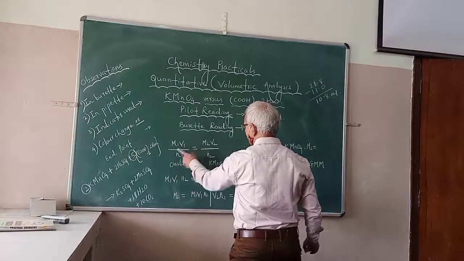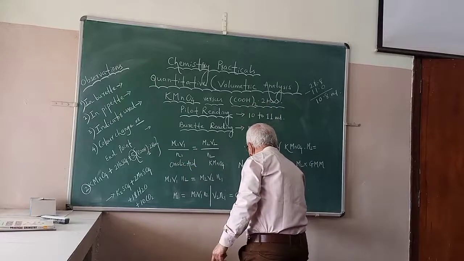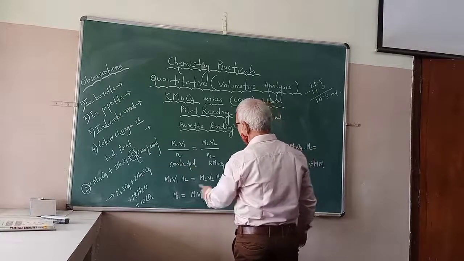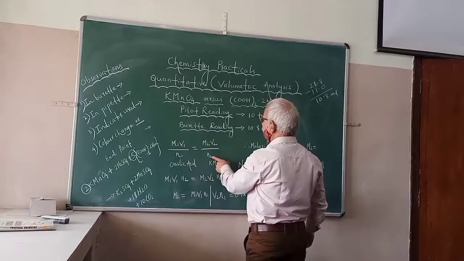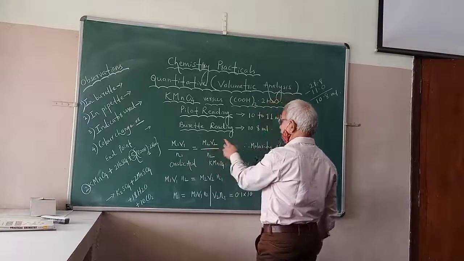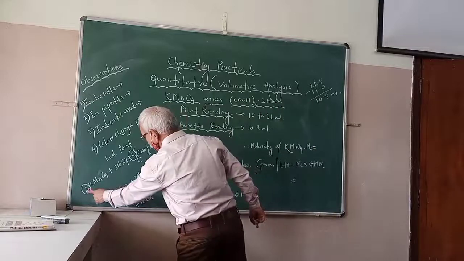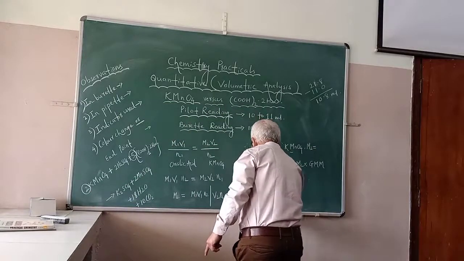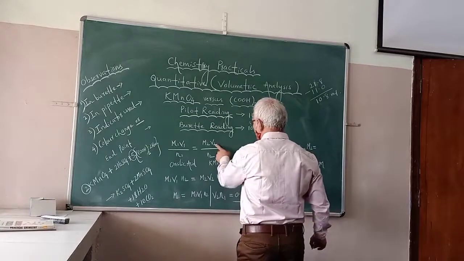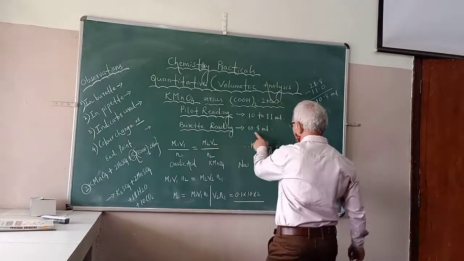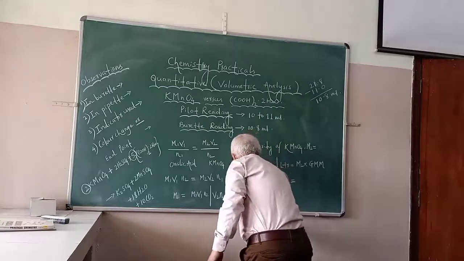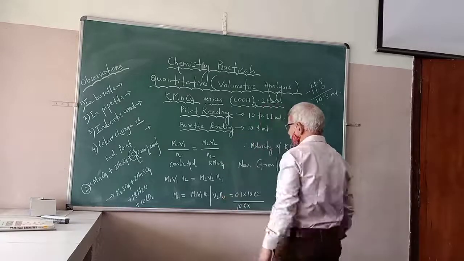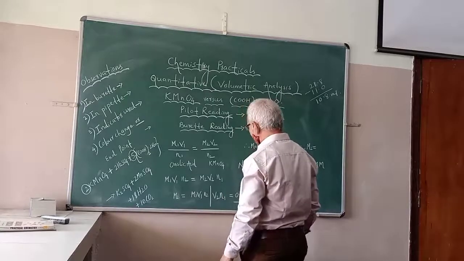V1 is the volume of oxalic acid, 10 ml taken using the pipette. n2 is the coefficient in the balanced equation for KMnO4, which is 2. V2 is the volume of KMnO4, the real reading, 10.8.